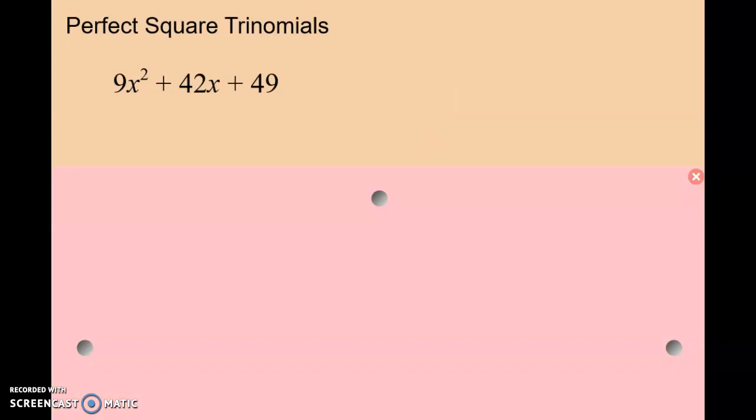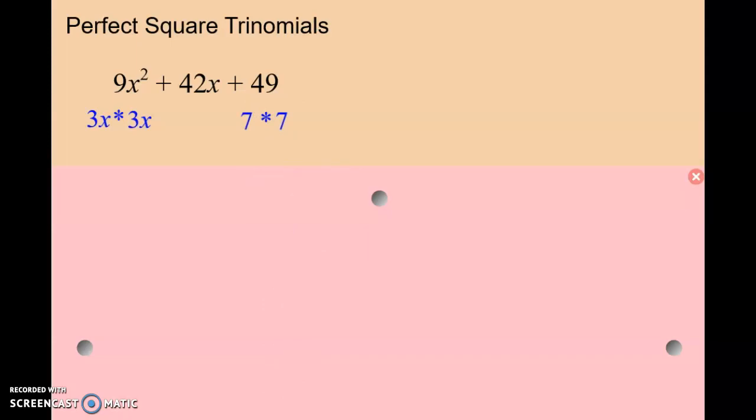This one has a leading coefficient that's not 1. But if you look carefully, you see that 9 is a perfect square, 49 is a perfect square. So look, I have 3x times 3x. That would give me the 9x squared. And over here, I have 7 times 7.